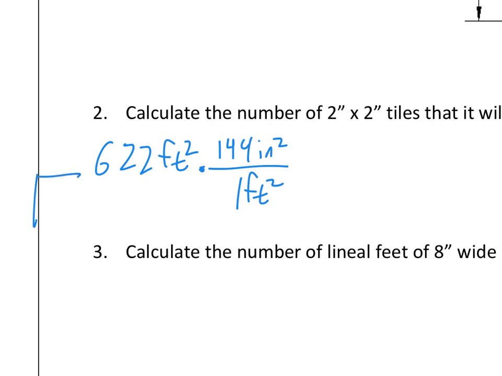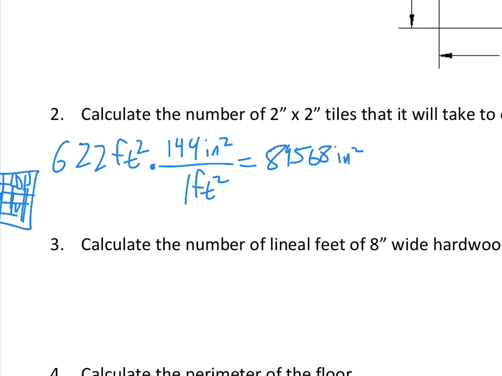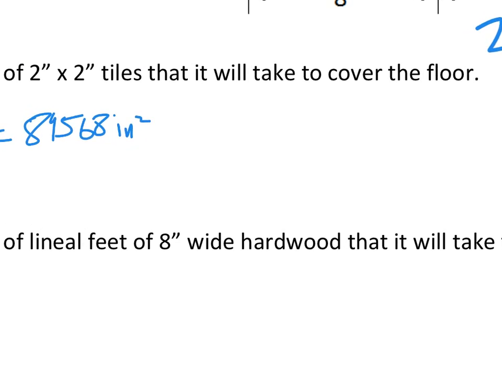So we've got a big square foot, and if we find all the square inches, it's 12 by 12. So there'd be a whole lot of square inches in there. There's 144 of them. So if we multiply that up, we get 89,568 square inches. Units are really important. Keep track of your units as you're doing this, so you don't start thinking you have 89,000 square feet.